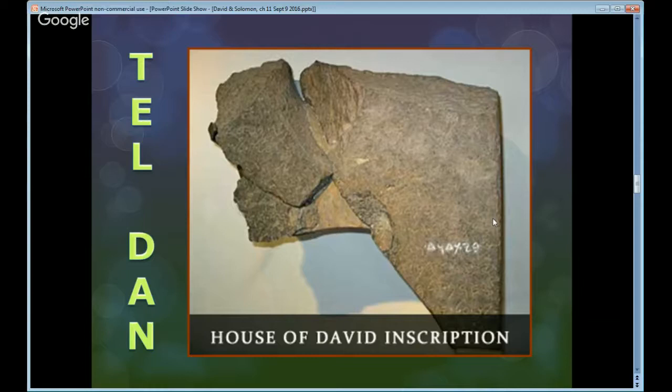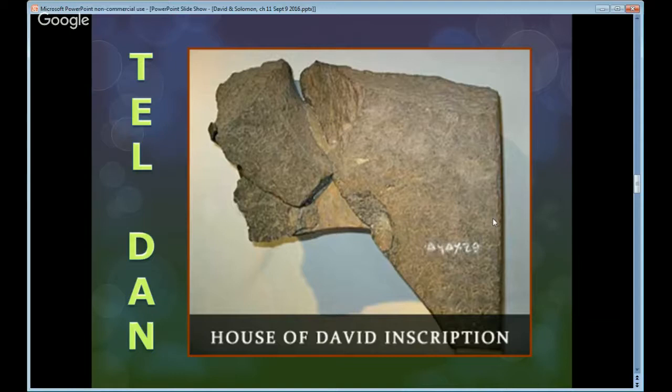It never existed. It was just a figment of everyone's imagination. But with the discovery of this stone, it became clear that there actually was a kingdom of David. And so this really helped to bolster at least the Davidic monarchy and Solomon within the eyes of modern day scholars.